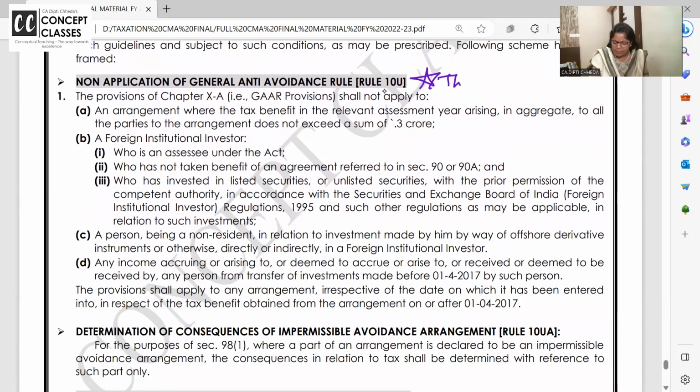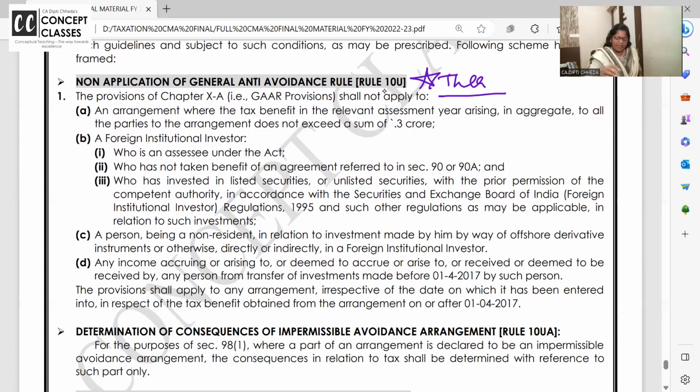Mark this, very important theory question. What are the cases where we know we can apply GAAR but we cannot? It's not applicable. An arrangement where the tax benefit, see, we know this is not quite right, but its value is 10 lakh rupees, let it go, leave it, it is a small transaction. Understood?